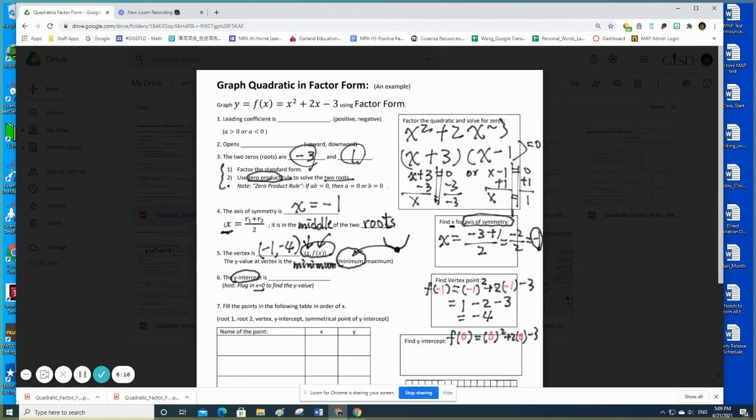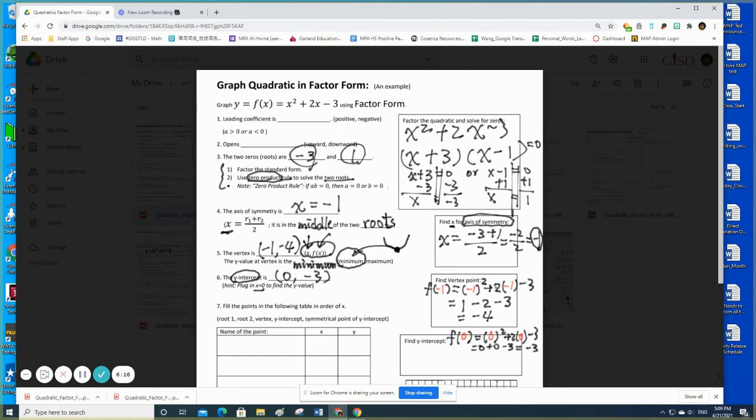This way, we get 0 squared is still 0. 2 times 0 is 0. And subtract 3. This value is negative 3. So our y-intercept is 0, negative 3.